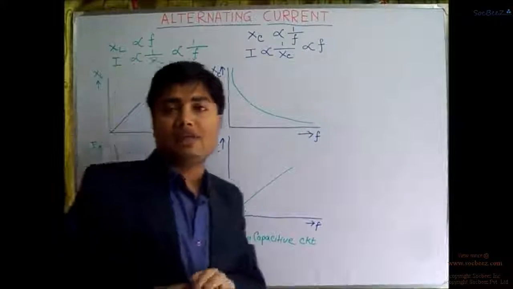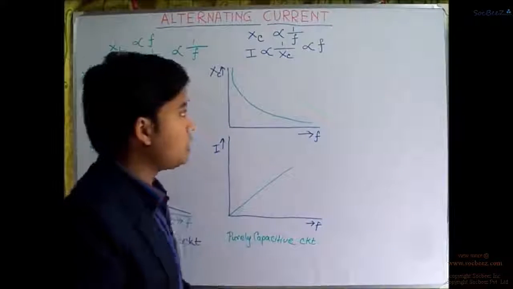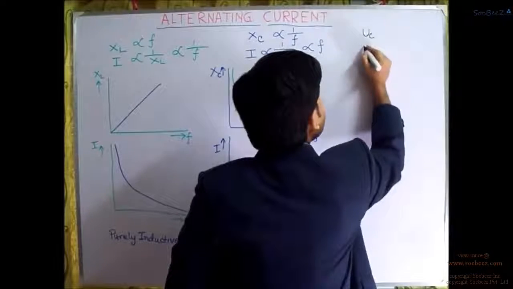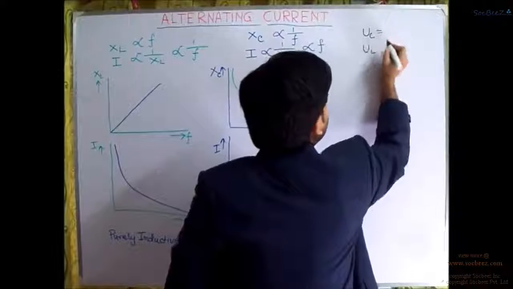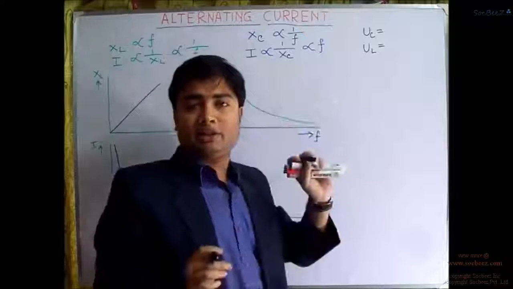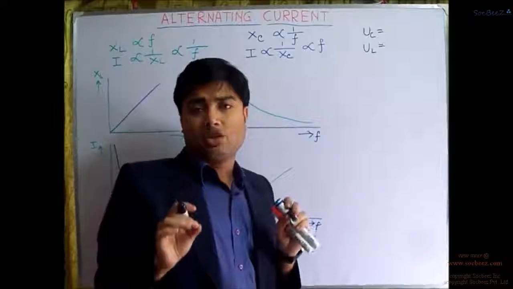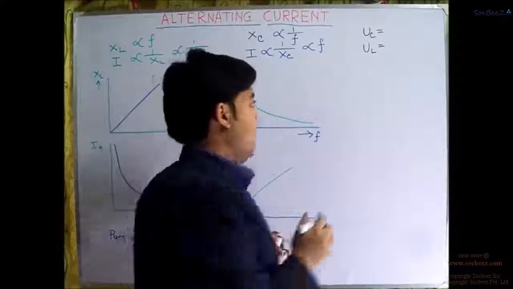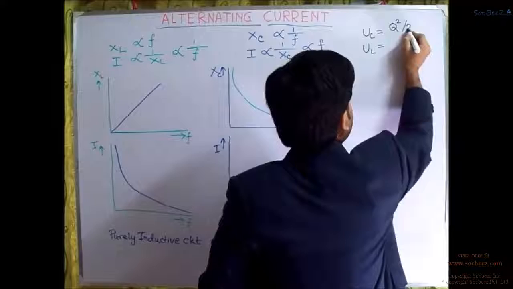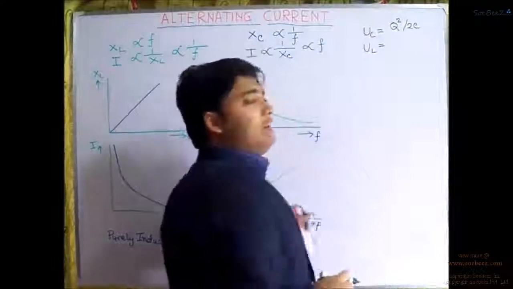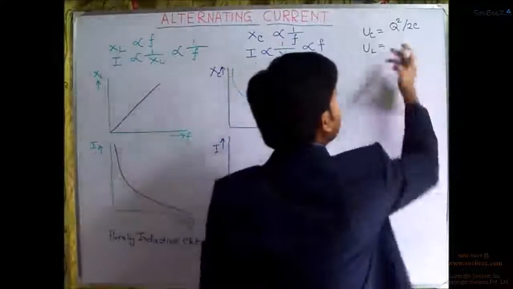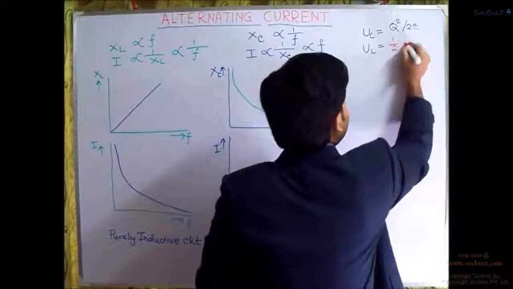Now, as we have seen in LC oscillations, there were two terms, UC and UL. UC is the energy associated with a capacitor, and we have seen the relation as Q squared divided by 2C, and UL on the other hand is equal to half L i squared.